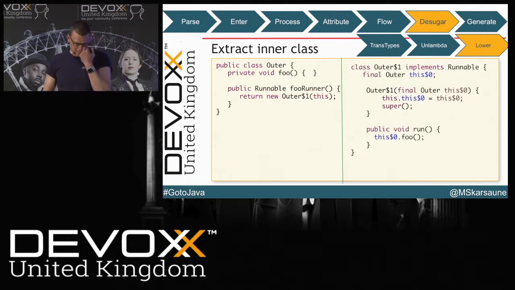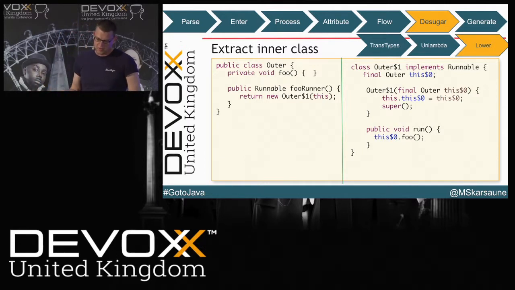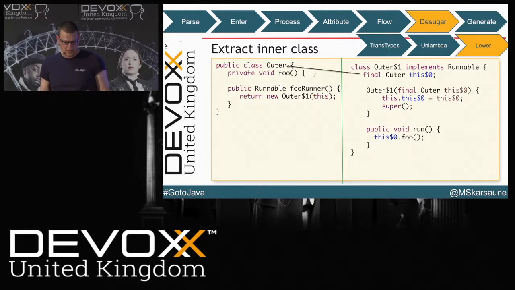So what happens is, and you've probably seen this on your disk when you're running programs, that this inner class is then extracted as a separate class. It will have a reference to the outer class and a constructor to set up that reference.